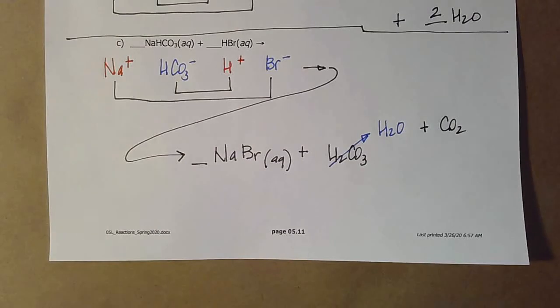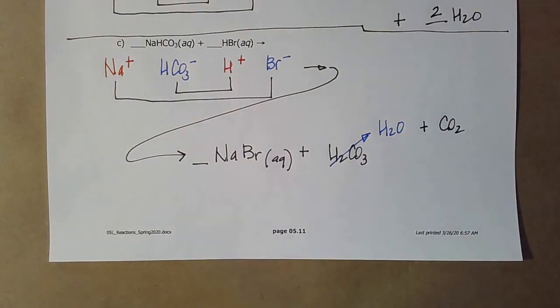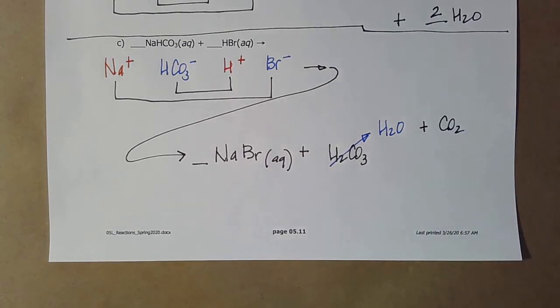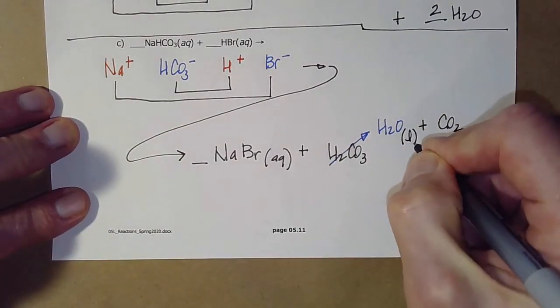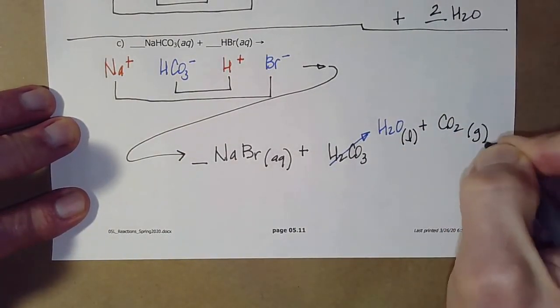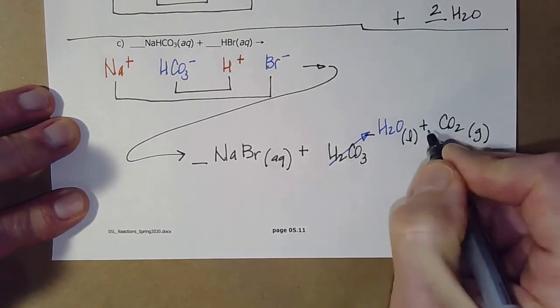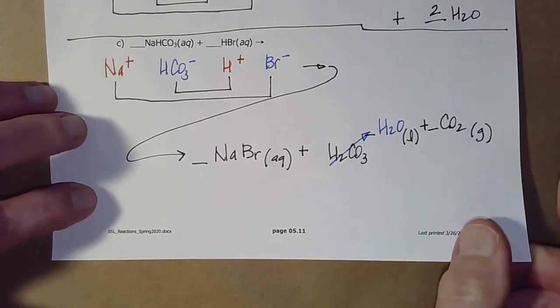I get H2CO3, and that doesn't look right. So I say, oh yeah, my flashcard said I should get an ionic compound, I should get water, and maybe I'll get CO2. If I take the H2O out of there, bingo, there's my CO2. I know that's liquid, and there's my fizzing gas. And I believe this is all 1 to 1 to 1 to 1. Yes, it is all 1 to 1 to 1 to 1.